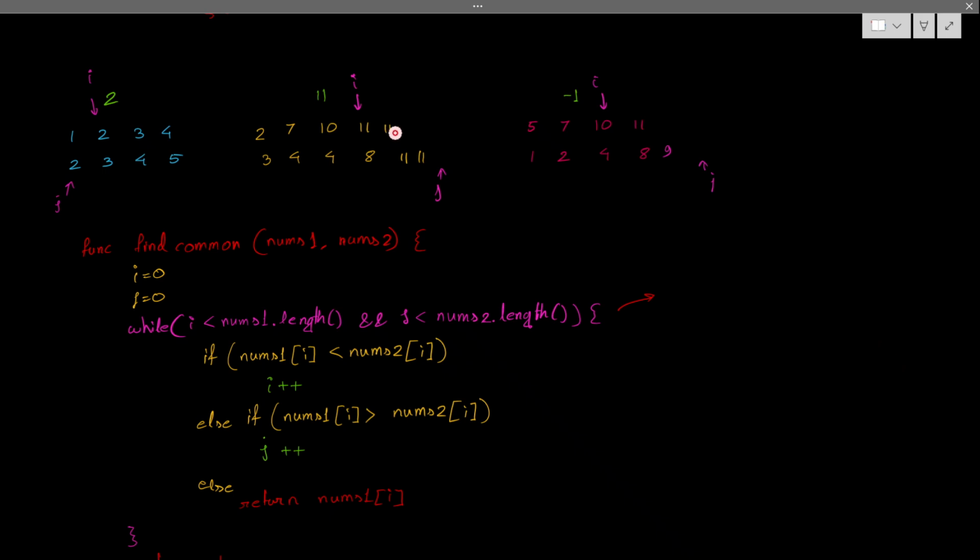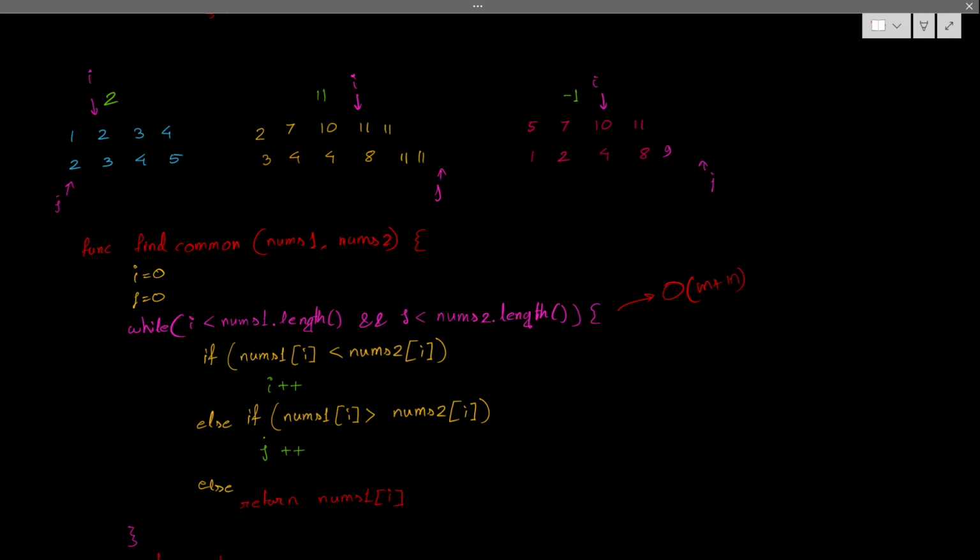It could be possible that only the last element matches, let's assume it's 11. So it is the last index where I can get a match. So i is traversing from 0 to m and j is traversing from 0 to n. So it is m plus n. So that's why it is big O of m plus n.